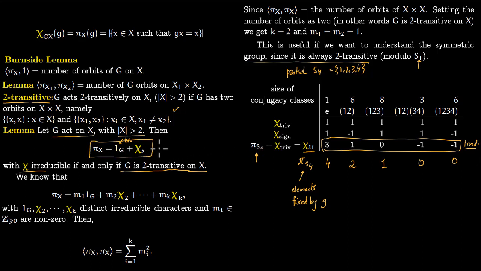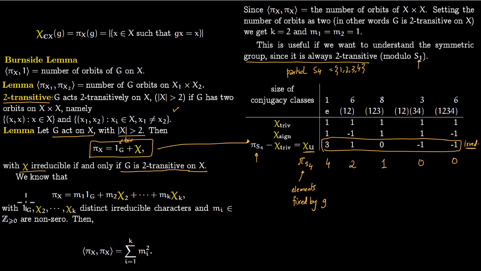So we have seen the application of this, and this is precisely because S4 is two-transitive on this set. Now we have to prove this lemma. First recall that you can write this pi of X as m1 times the trivial character plus m2 times chi2, and so on up to mk times chi k. This we have seen. Because our group G can decompose into vector spaces, and corresponding to those vector spaces you can take the characters of those vector spaces, these are the multiplicities, and that is what adds up here.